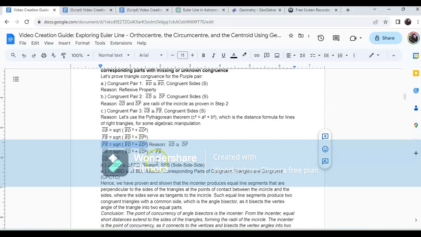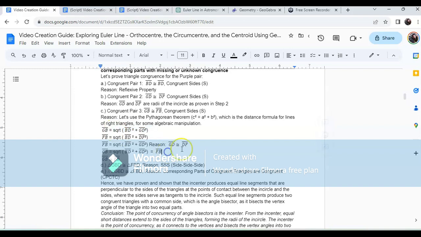Now, have a look at equation 1 and equation 3, or the first line and the third line here. We have the same right side. So we can therefore say that side GB is equal to this expression, and this expression is also equal to FB, because at the first line and the third line we have the same right side.